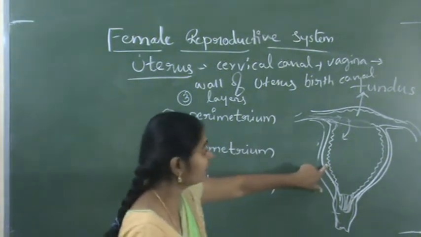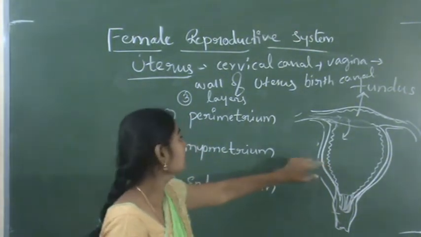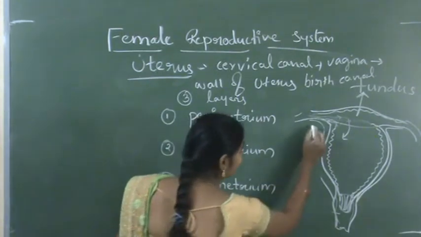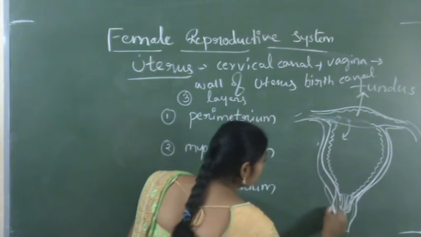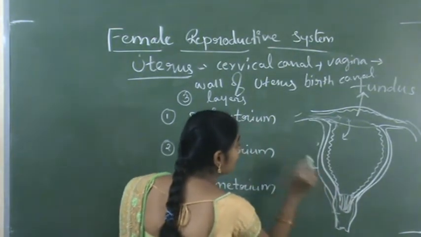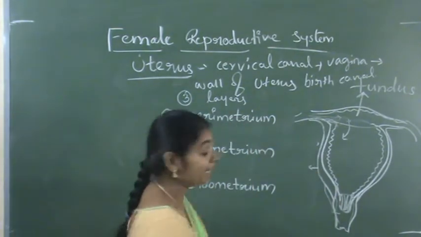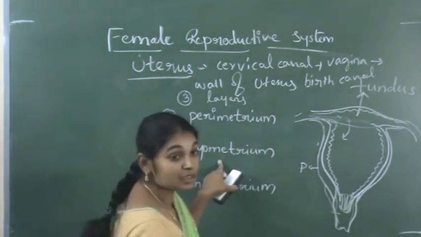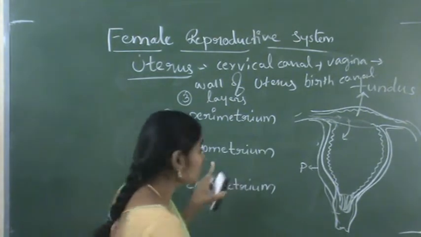So this uterine wall is made up of 3 layers. The thin outer membranous layer is known as perimetrium. The middle layer is the muscular layer.